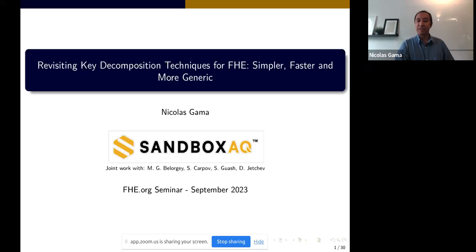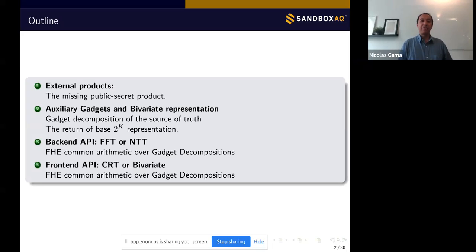The title is about revisiting key decomposition techniques for FHE and how to make them simpler, faster, and a bit more generic. During the presentation, we'll tackle various aspects of lattice-based FHE, so external products, auxiliary gadgets, and we'll see that something that was long forgotten, like base 2^k representation of big numbers over the torus, is now coming back as a result of this work.